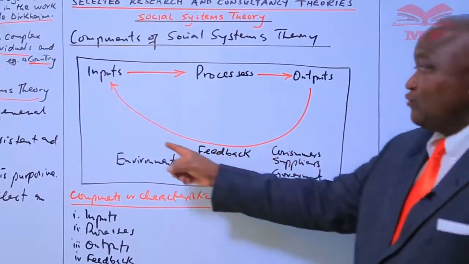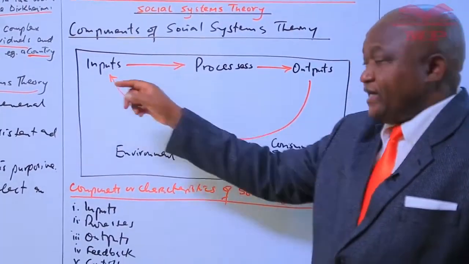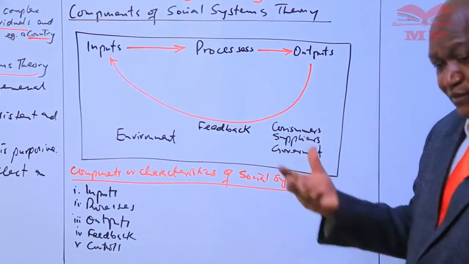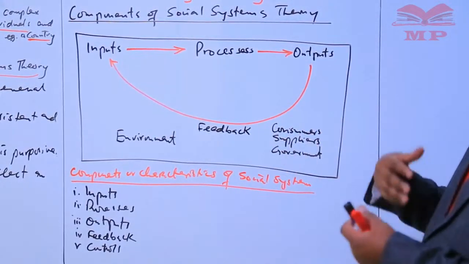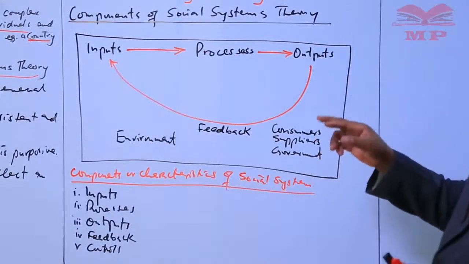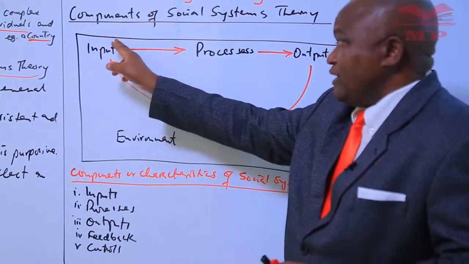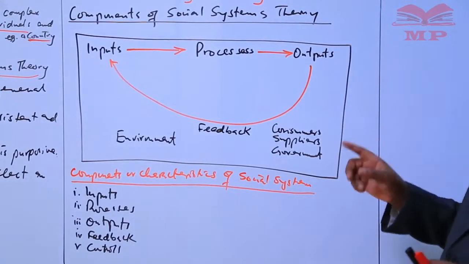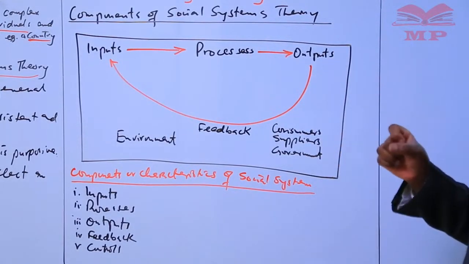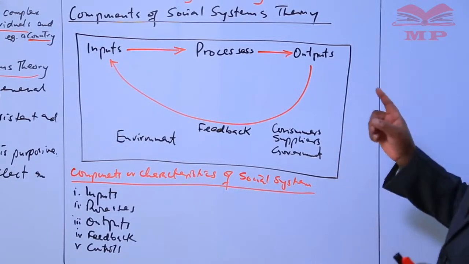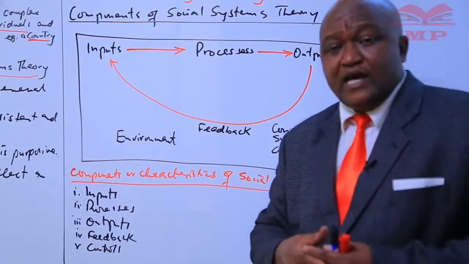When the feedback is provided that what has been produced is being accepted by consumers, then that system will continue working effectively. If the feedback is negative, then wherever the inputs are coming from, controls will be implemented. If consumers are complaining, or if suppliers are not being paid, then arrangements must be made to ensure corrective measures are taken.